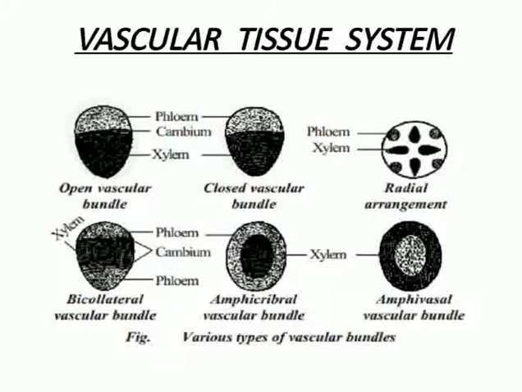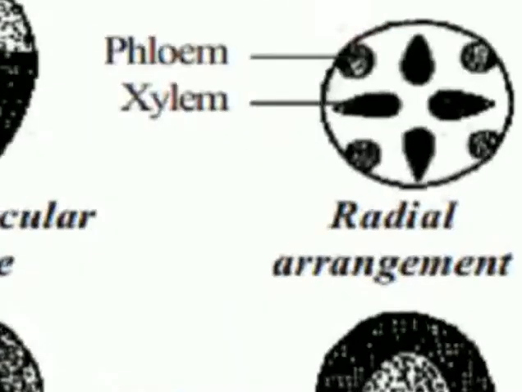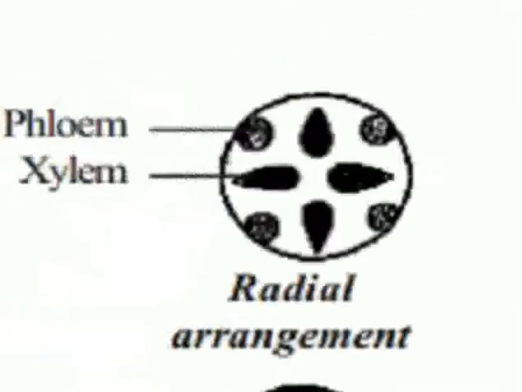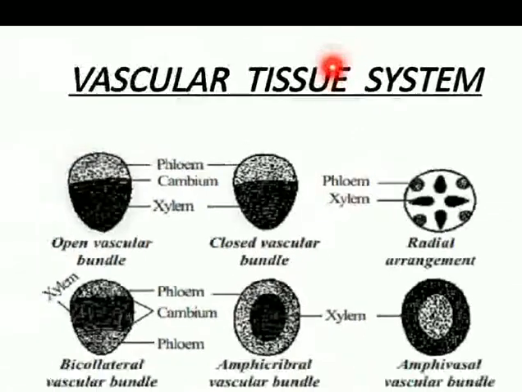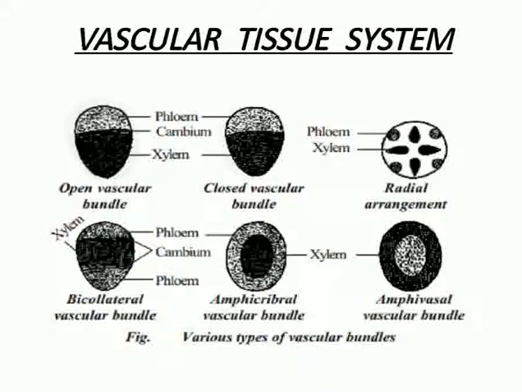When xylem and phloem within a vascular bundle are arranged in an alternate manner on different radii, the arrangement is called radial, and such an arrangement is present in roots like this. You can see the xylem and the phloem are not present together, they alternate with each other. This arrangement is seen in the root, and is called the radial arrangement.